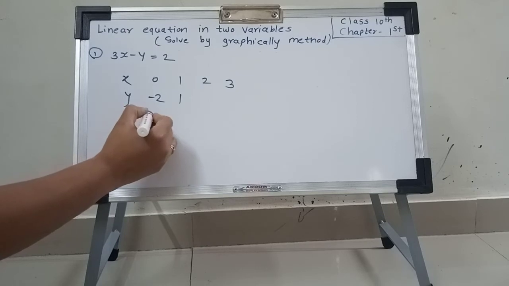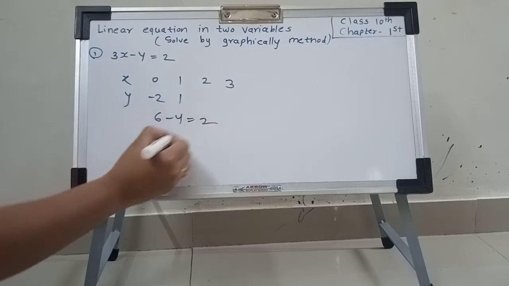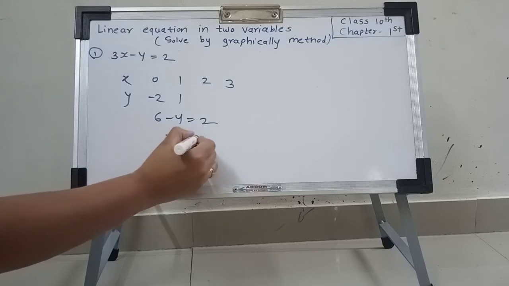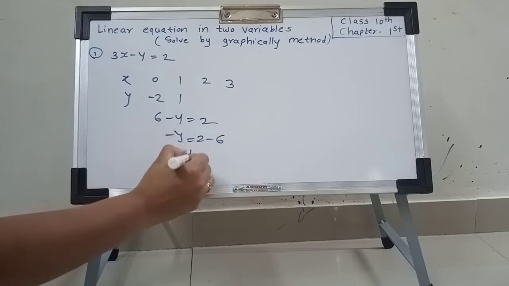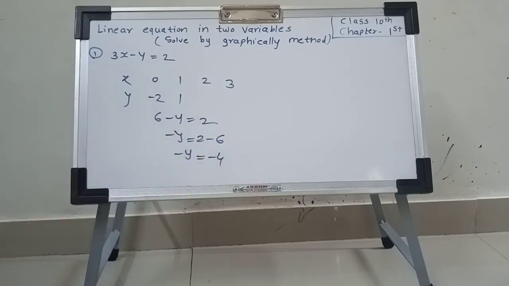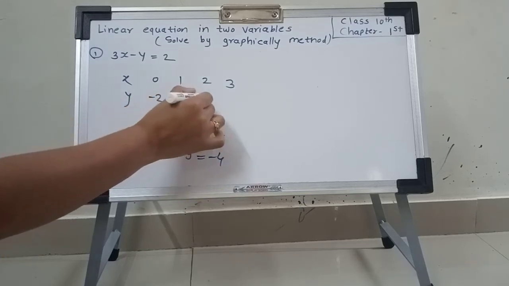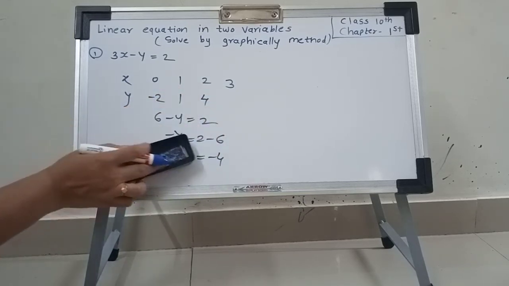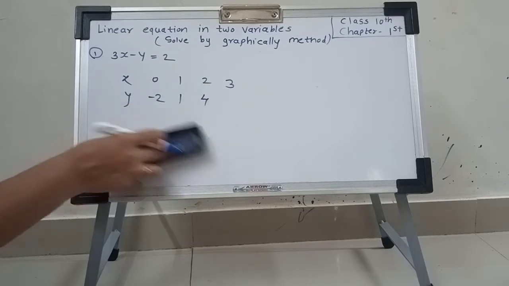For third, x is equal to 2. 3 2s are 6, minus y is equal to 2, minus y is equal to 2 minus 6, minus y is equal to minus 4, means y is equal to 4. When x is 2, y is 4.